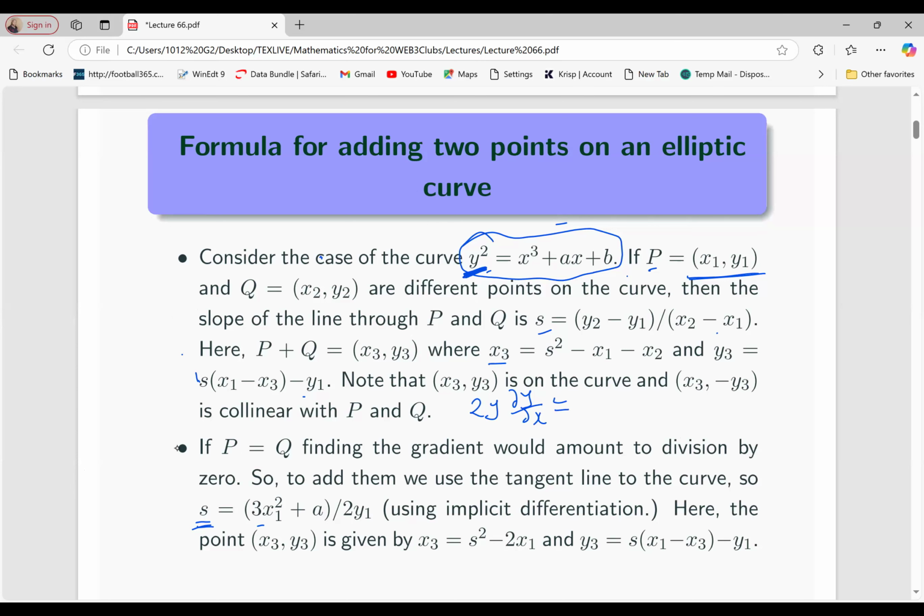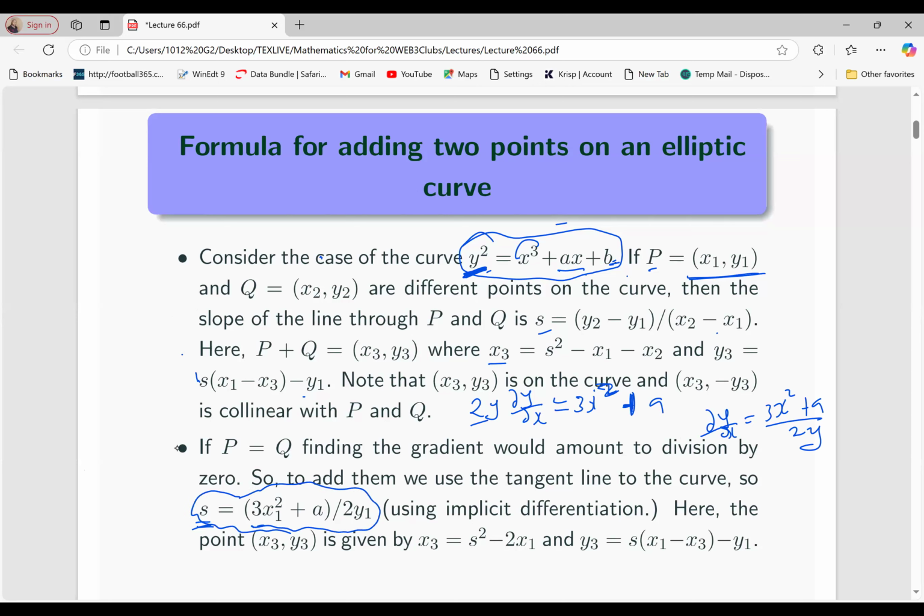But now the right side becomes 3x squared, and then this one is just a plus a. The derivative of the constant is 0. So when you divide both sides by 2y, you find that dy/dx is (3x squared plus a) out of 2y. So this is what we use to find the gradient of the same point.